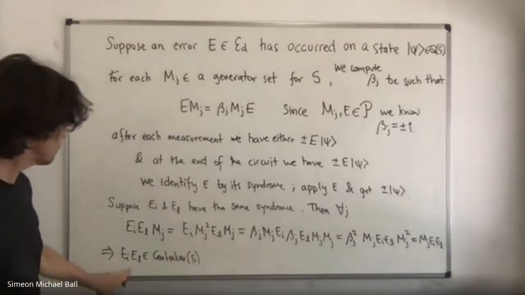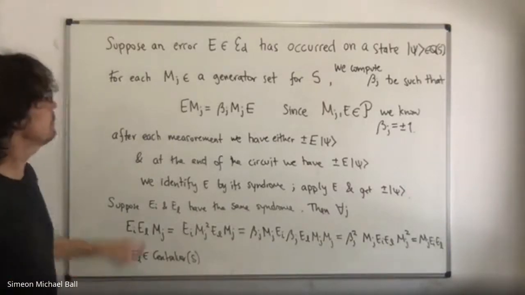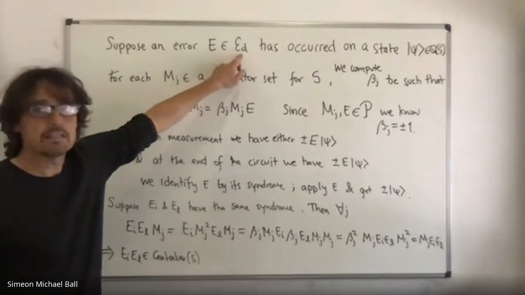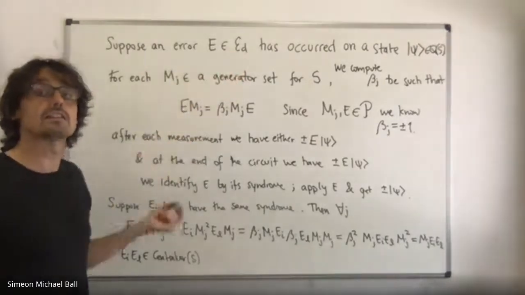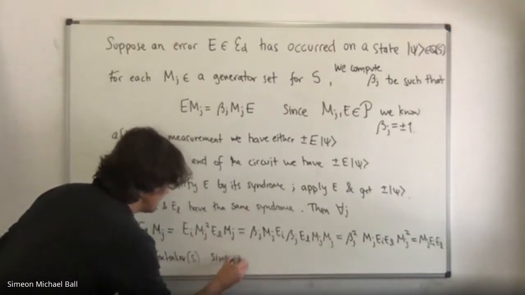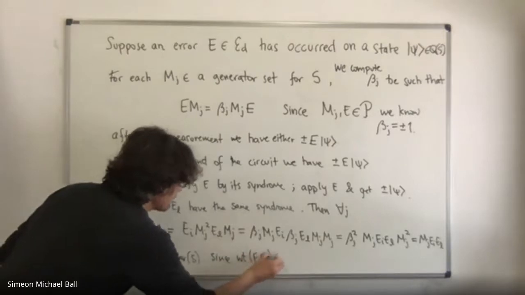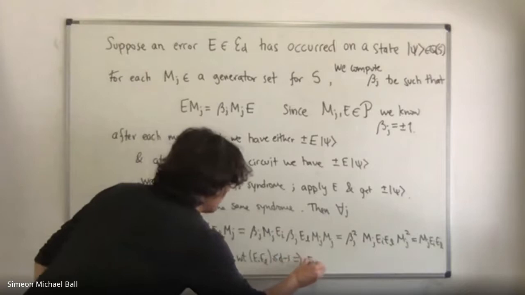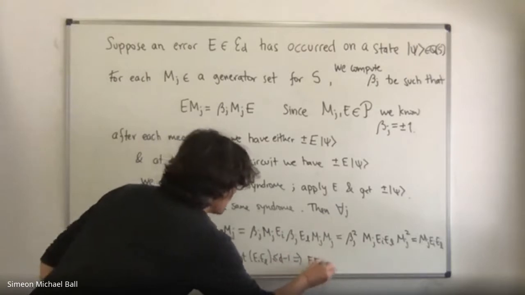Now in our case, we made sure that our E's were not in the centralizer unless they were in S. So since the weight of E_i E_l is less than or equal to d minus 1, this implies that E_i E_l must be in S.